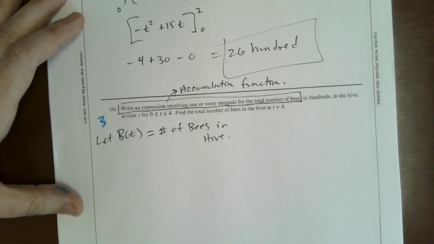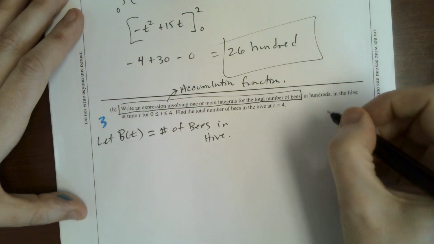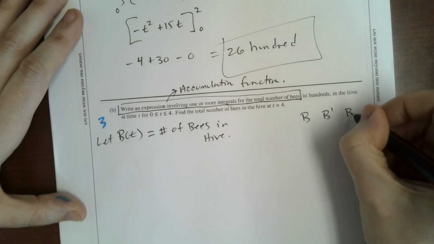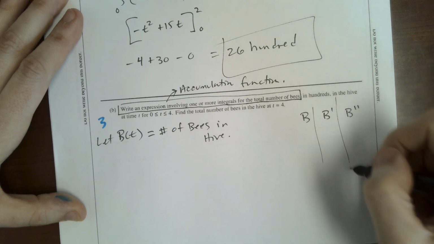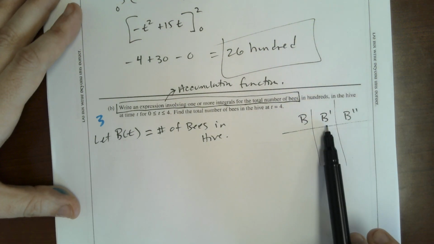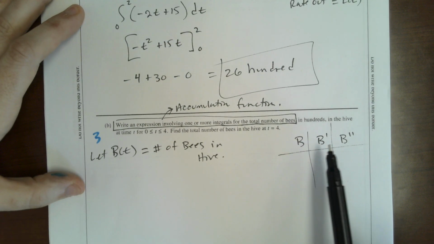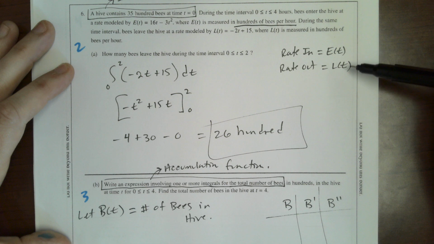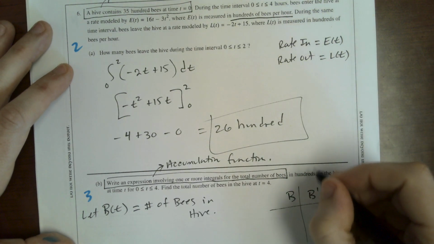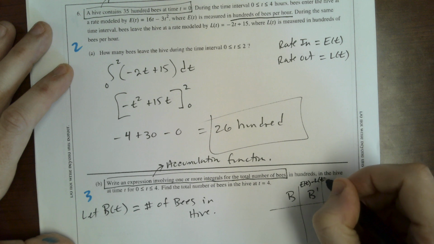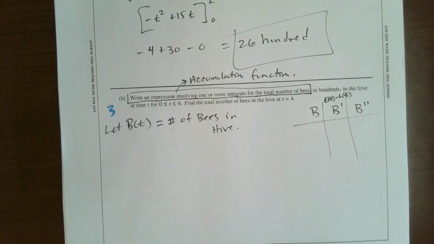Now let me think about a derivative sequence. So I've got B, B prime, B double prime. And guys, B prime, this is important to recognize. This is the rate of change of the bees, and it's going to be E of t minus L of t. That's how it always goes for a rate in, rate out problem.